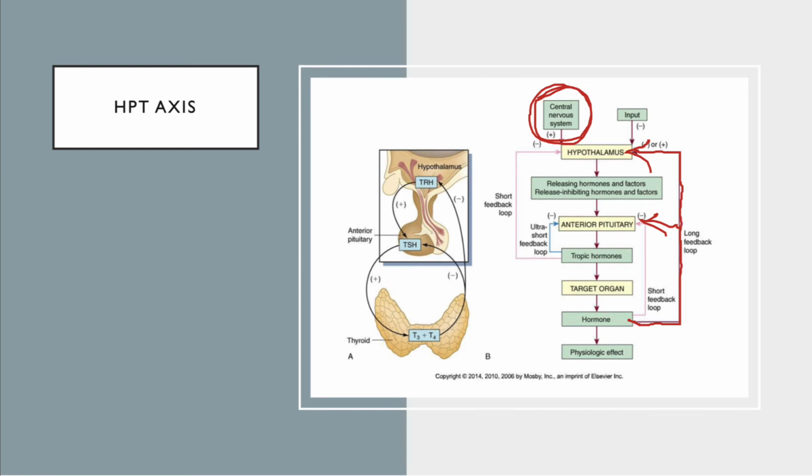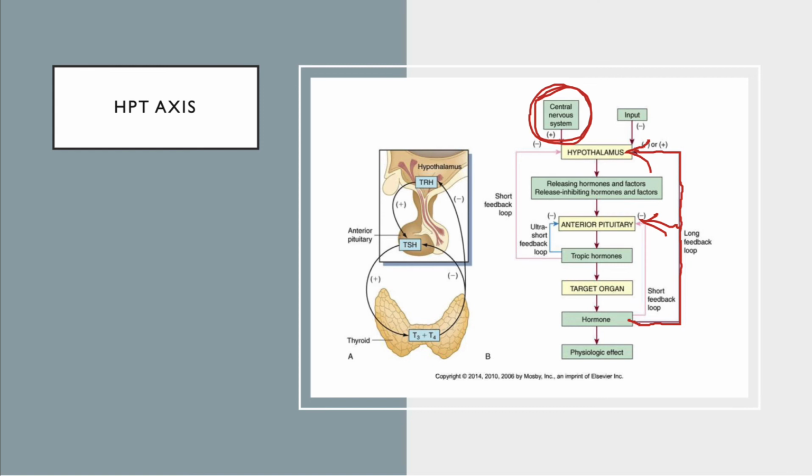The thyroid still isn't producing T3 and T4, so now the hypothalamus is starting to get angry, and now it releases more and more TRH, and the pituitary releases more and more TSH, and now the TSH is 25, and the thyroid still isn't doing its job. And it goes on like that forever, right?